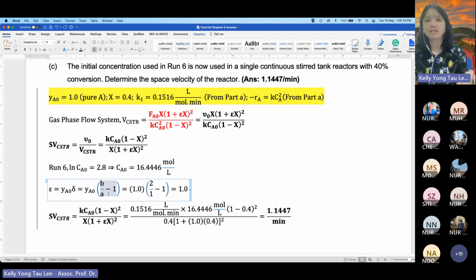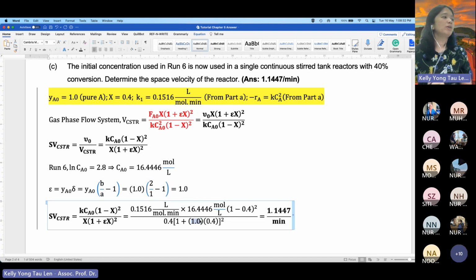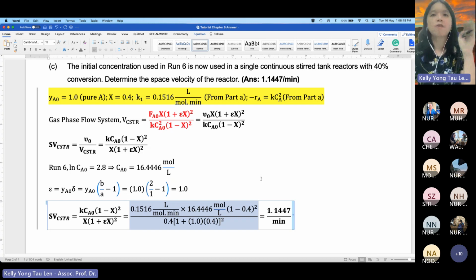That's why nilai dia kena minus. So you will get your B per A is 2 per 1 sebab 1A menghasilkan 2B. So you will get your epsilon as 1. Okay, so you replace epsilon with 1, you replace your x again, so you solve this entire equation, you will get your space velocity for your CSTR as 1.1447.